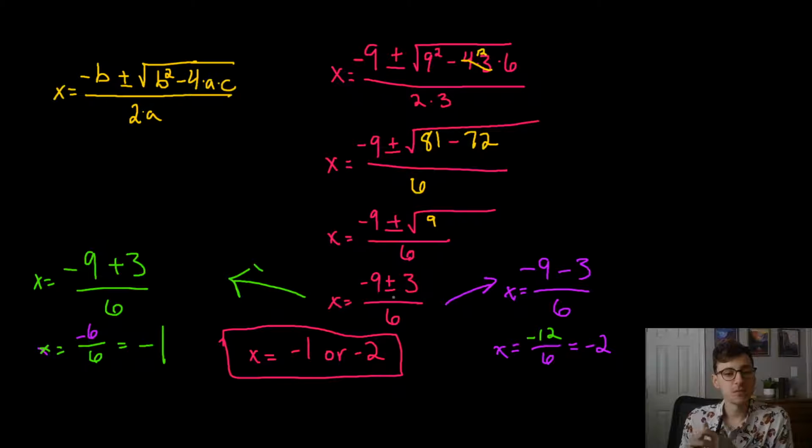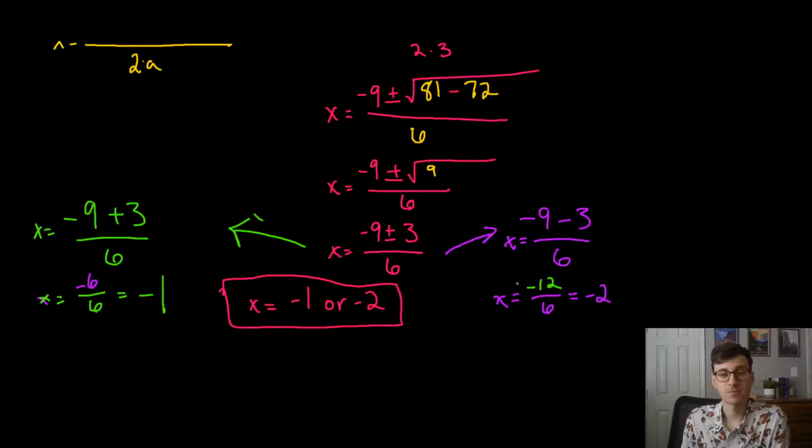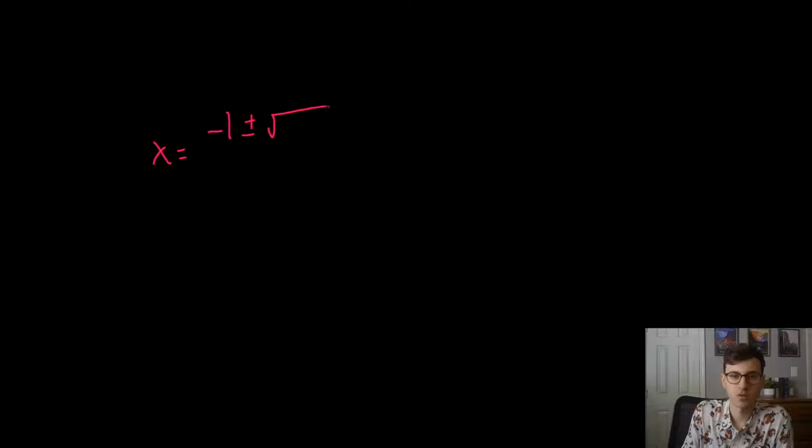Without going through the entire examples, let's talk about a few anomalies that could come up. You might have something like this. I don't know, we're just going to fill in random numbers. Negative 1 plus or minus the square root of 13 over 3.